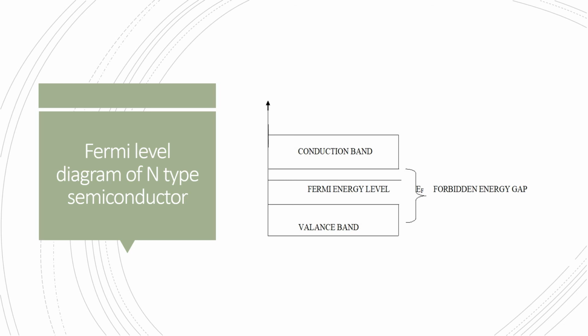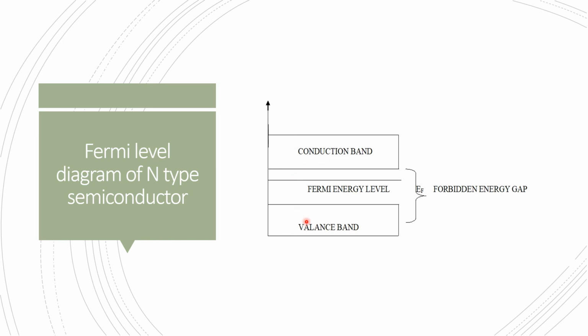Thus, a large number of free electrons are available in the conduction band in N-type semiconductors. Due to the large number of free electrons in the conduction band, the probability of occupying the energy levels towards the conduction band will be more.